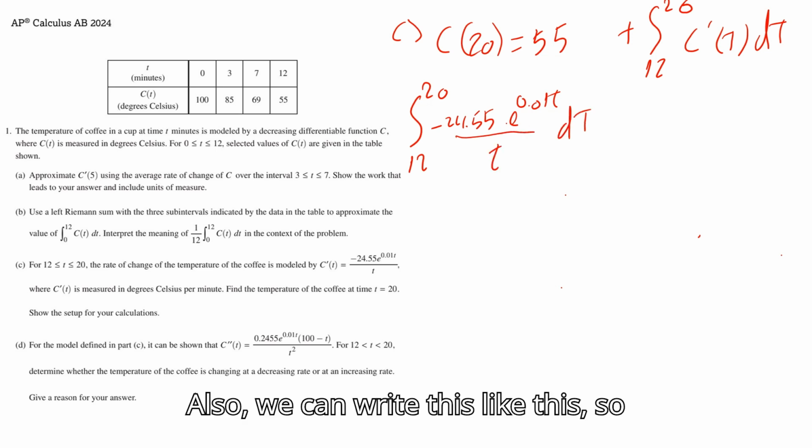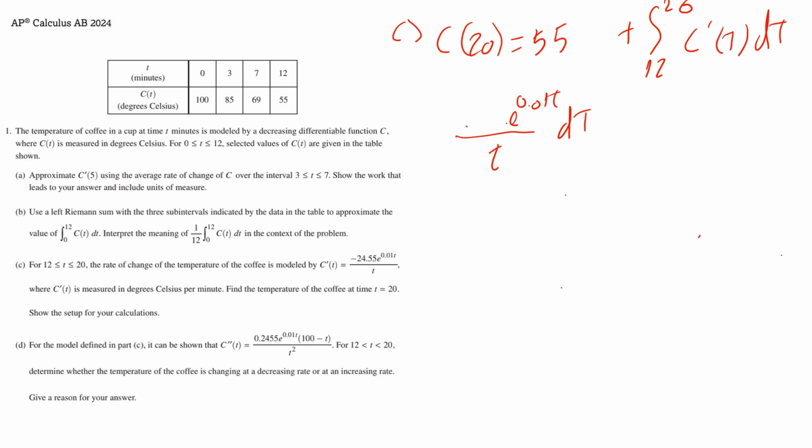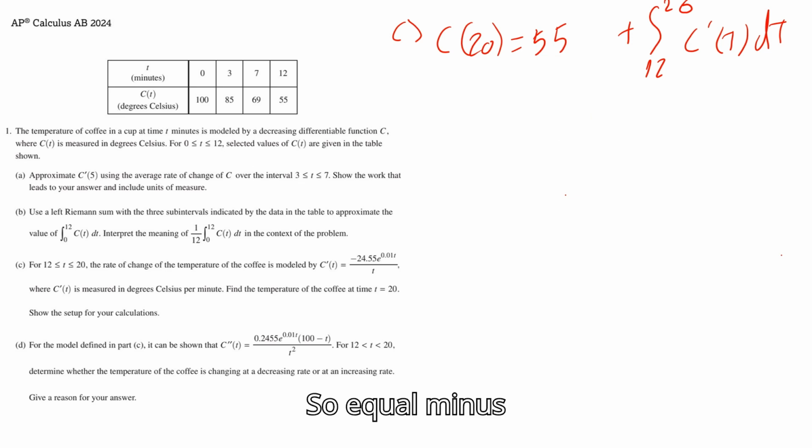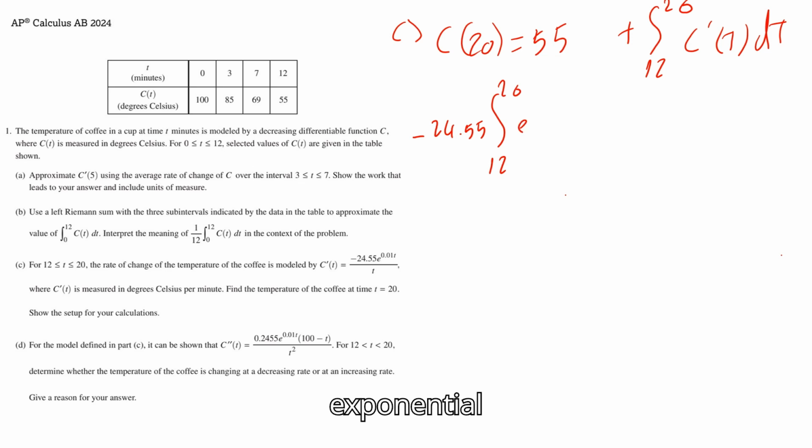Also, we can write this like this: minus 24.55 times the integral between 12 and 20 of exponential 0.01t over t dt.